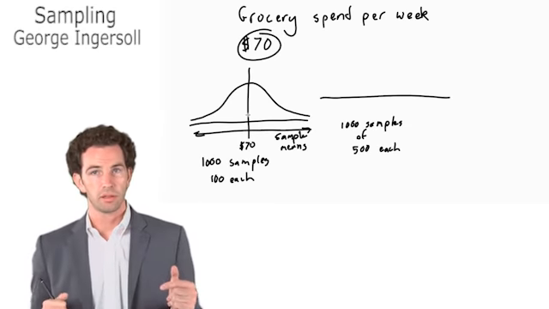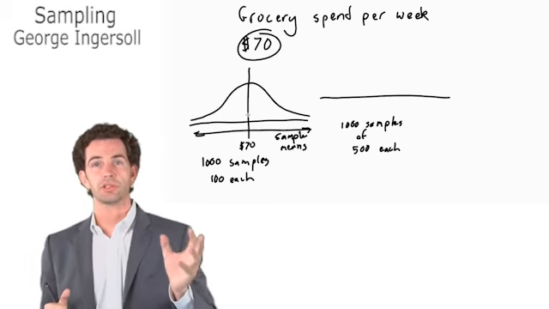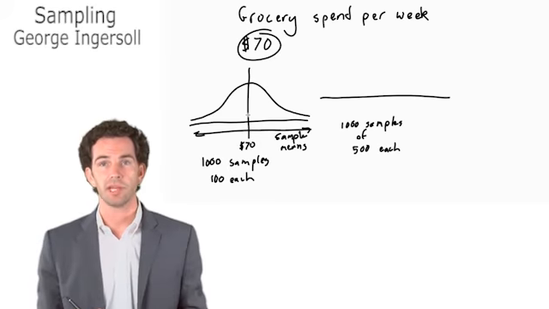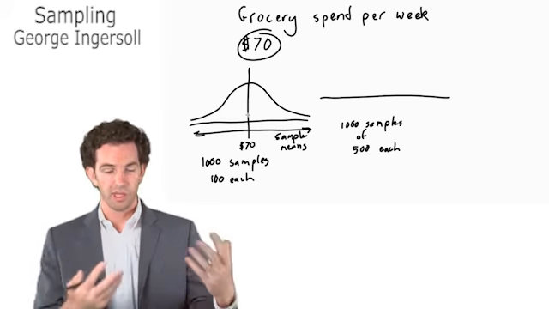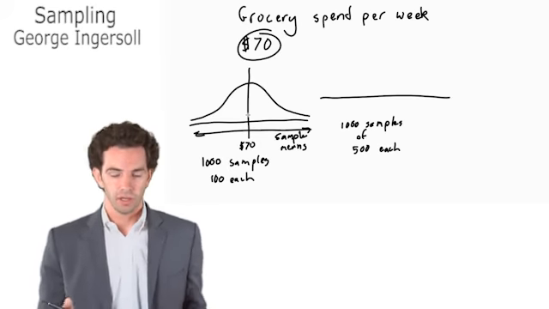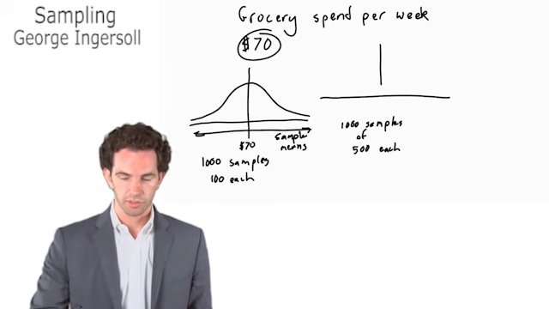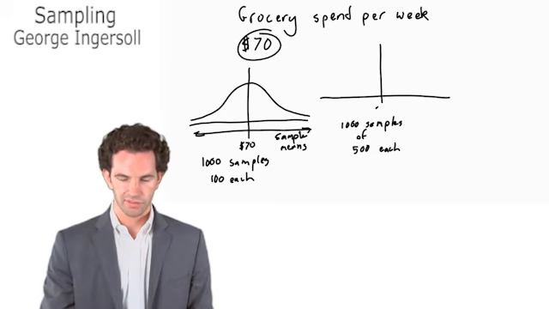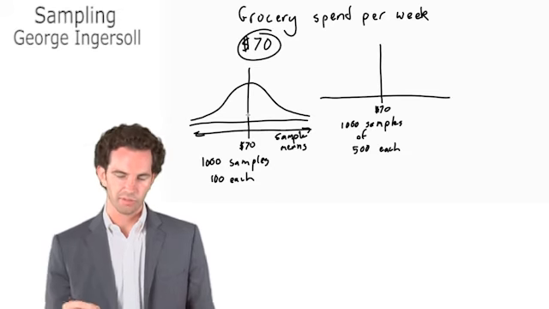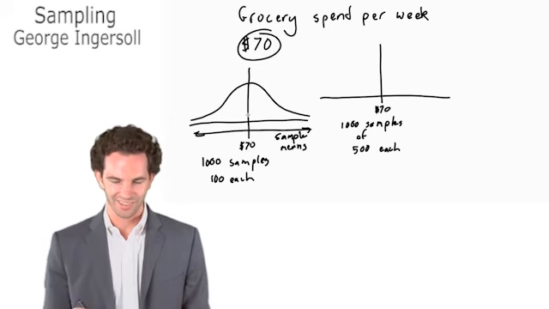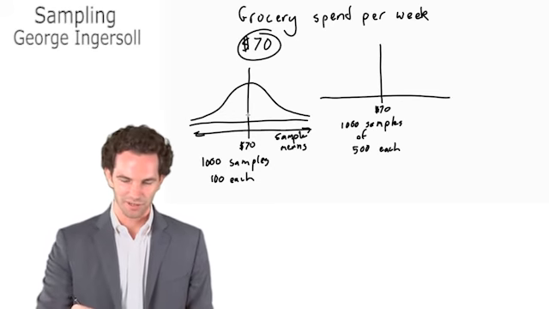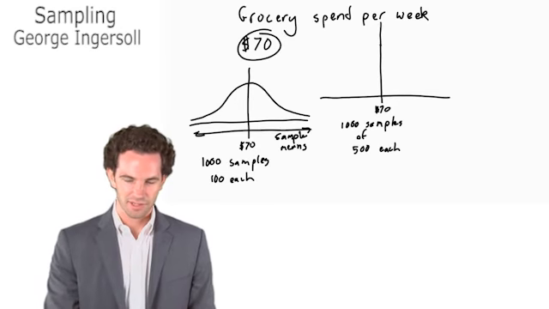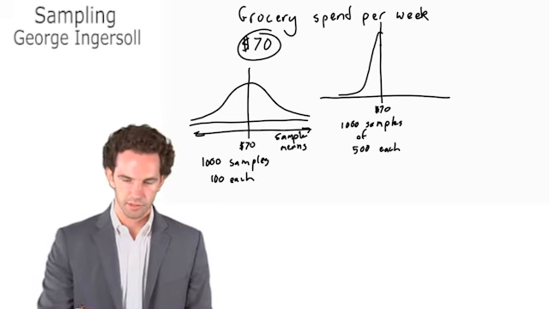Well, remember that larger samples are generally better, more accurate predictors of the actual value in the population. So we're still going to see a normal distribution centered around 70. It's going to be harder for me to draw because I've put my center line in early. But let's try this. What you're going to see is a distribution that goes more like this.